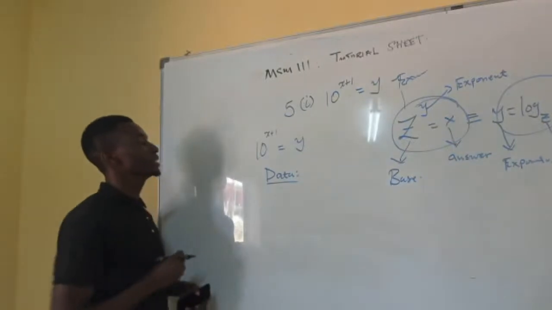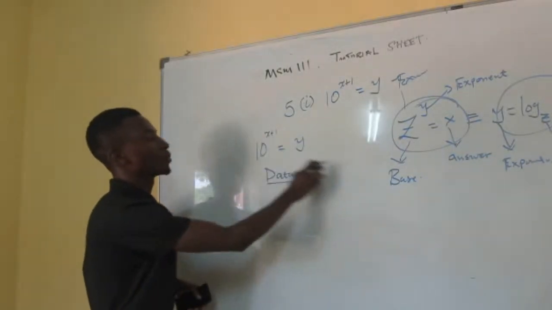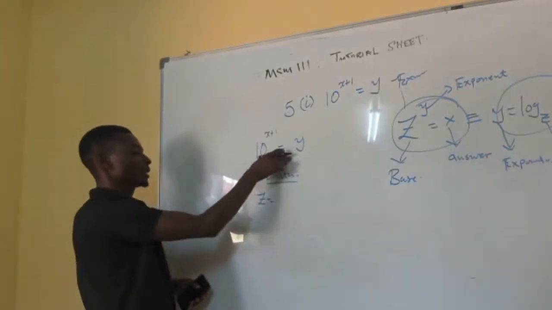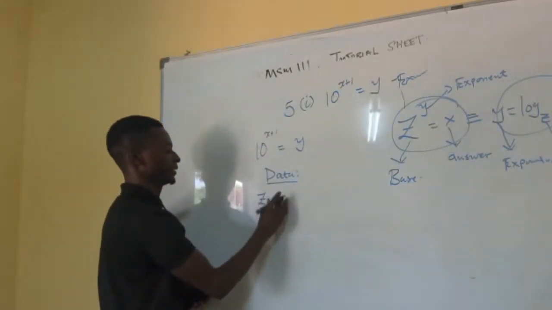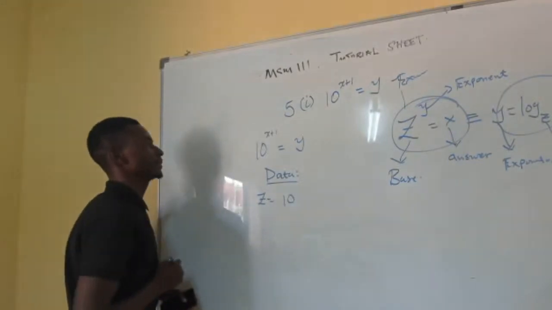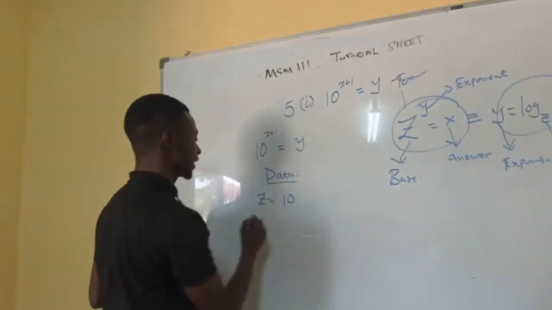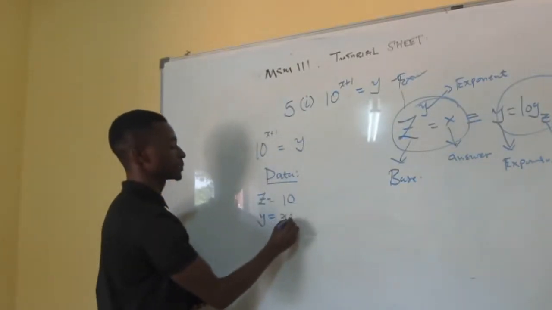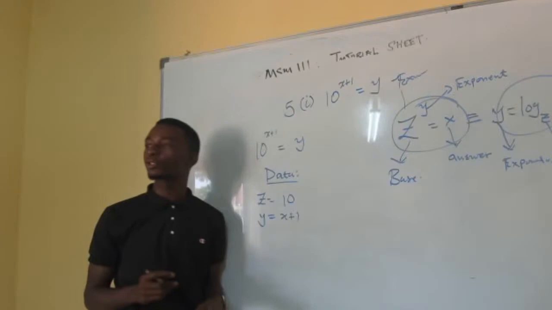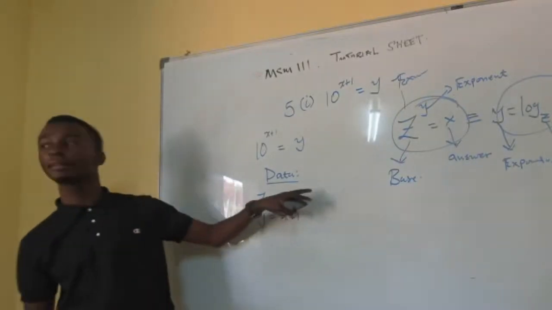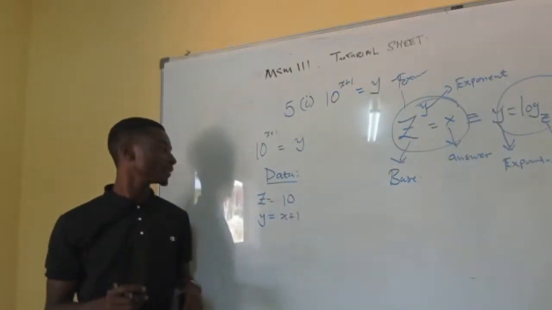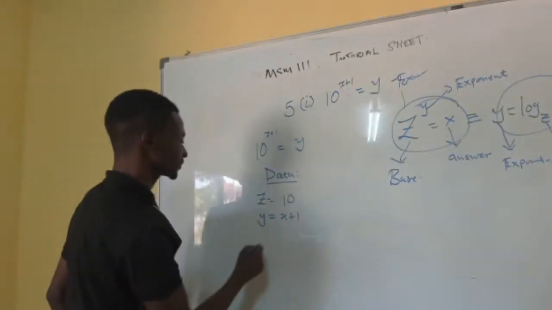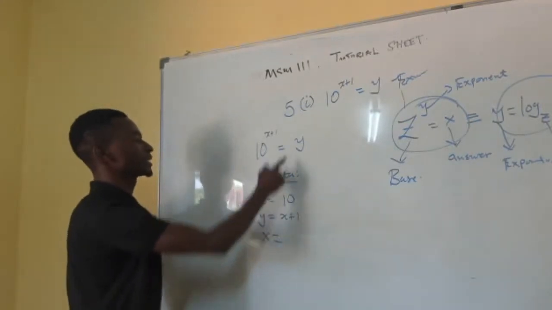What is your z? According to this question, z is 10. Our y, according to that question, is x plus 1. That's your y. So what is now x? Your x is y.